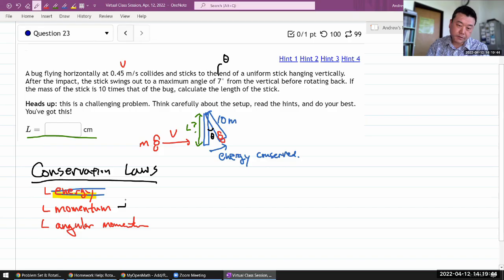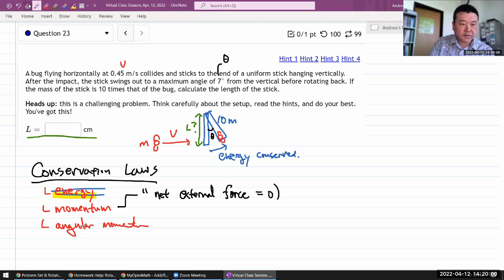So if you watch through the lecture, the condition where momentum is conserved is when net external force is 0. Or, in the lecture, we had a bit of a refinement about the thing that we care about being the impulse due to the net external force.